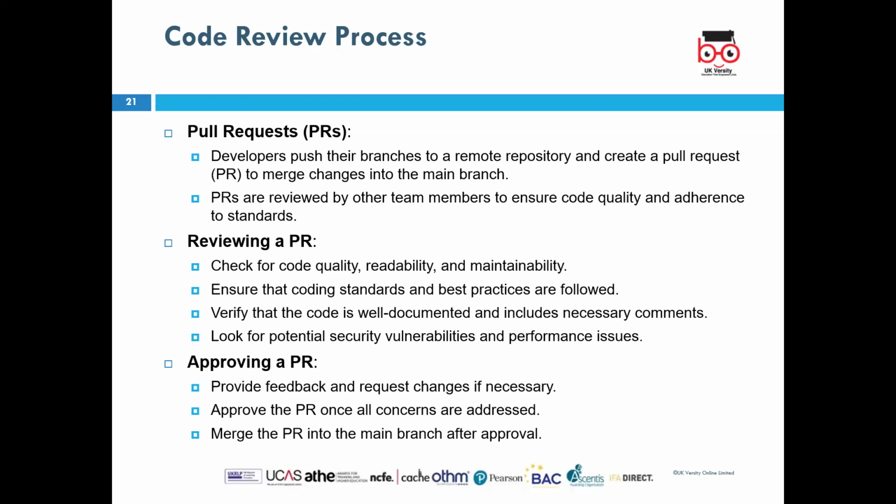It is very important when working on a project that is not accessed only by you, but all the developers are working on it, that we add comments and explain what these methods or functions are used for. It'll be easier for another developer to understand what is happening. We also look for potential security vulnerabilities and performance issues.